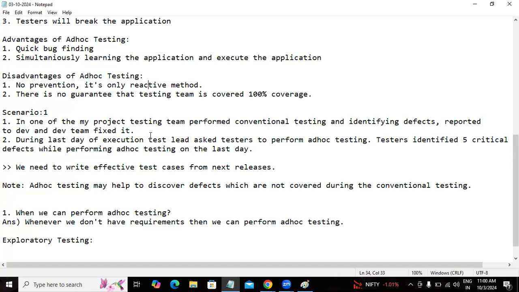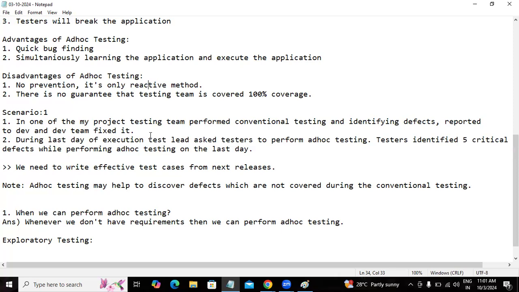While exploring, we need to document the scenarios we go through. After that, you need to execute those scenarios again. So this is called exploratory testing.